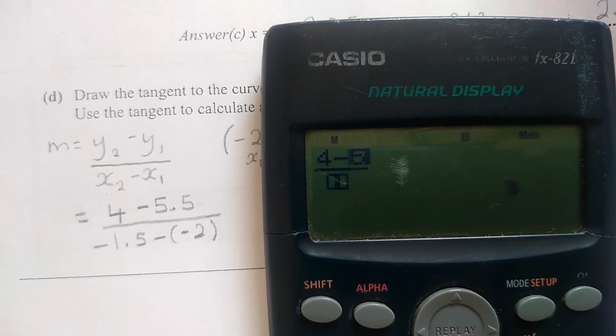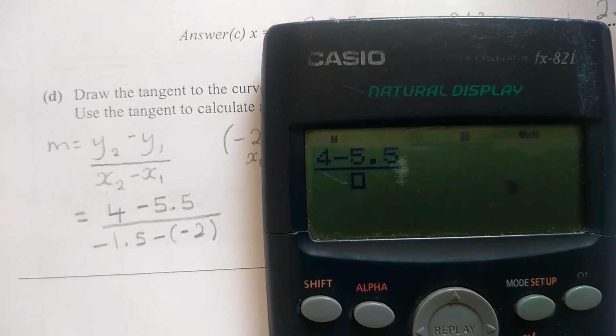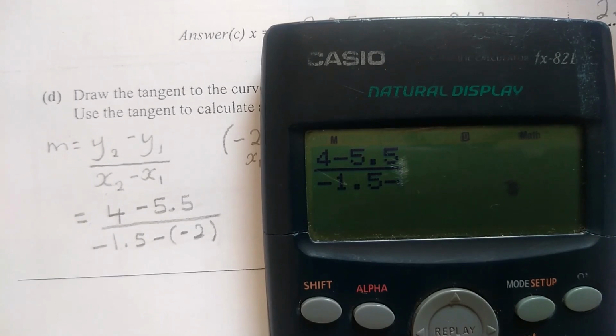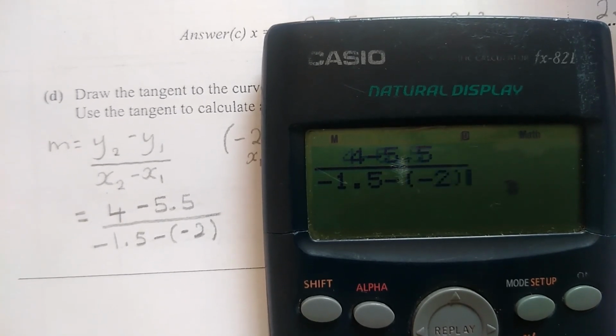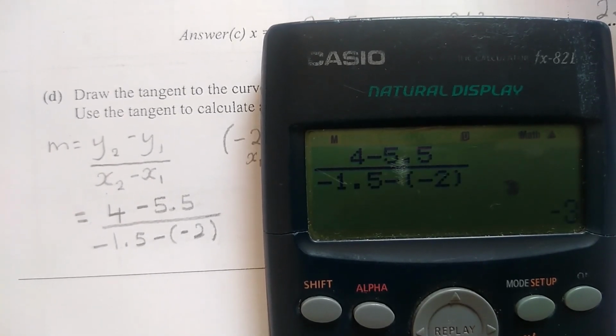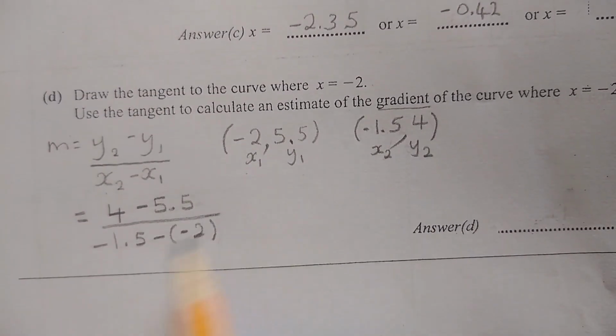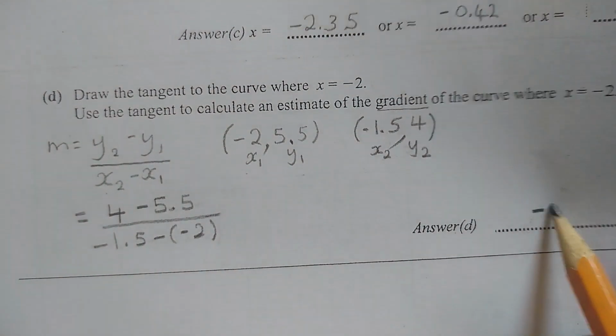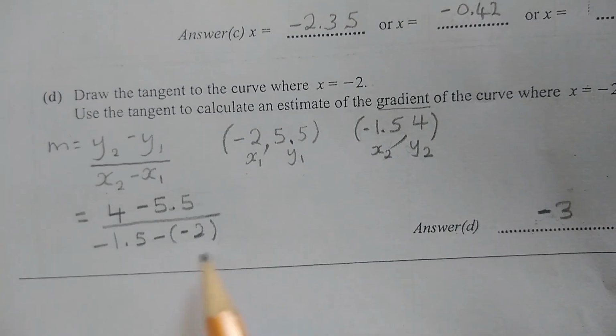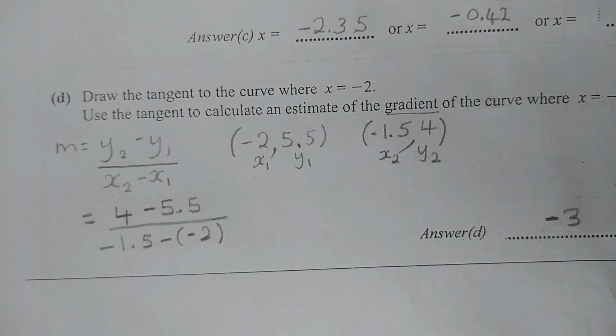Okay, now we're going to find this in our calculator. f4 minus 5.5 divided by -1.5 minus -2, and you get -3 as our gradient. Okay, so gradient is -3.